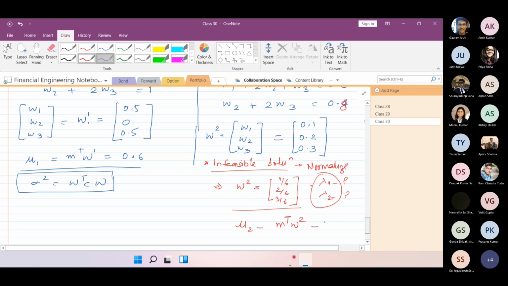And this would be around 0.733. Is it okay? Is it correct?